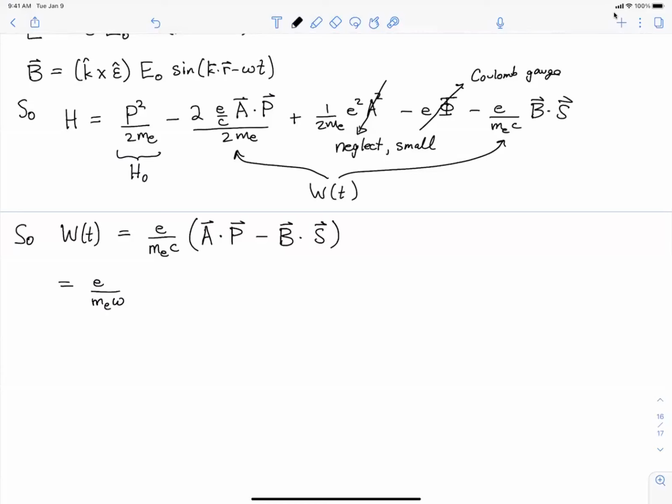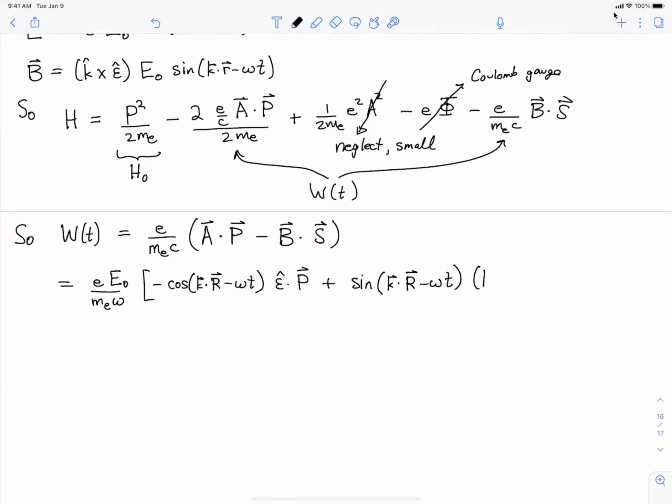So both A and B had a factor of the electric field amplitude in them. And then the first term was minus cosine k dot r minus omega t. I've promoted r to an operator now. And that's the momentum operator. And then the second term has plus, the minus signs cancel actually, sine k dot r minus omega t.